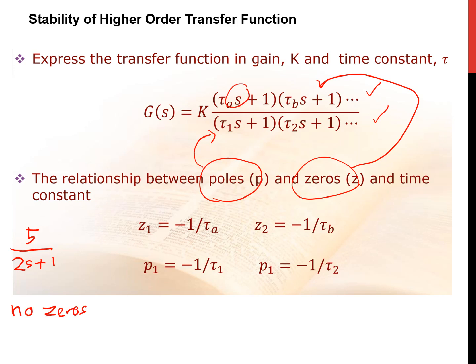And then the poles are based on the bottom part. Because you have 2s plus 1 here, 2s plus 1 equal to 0, so you find the root of s becomes negative 1 over 2. This is known as poles. Poles represent the root of the transfer function.